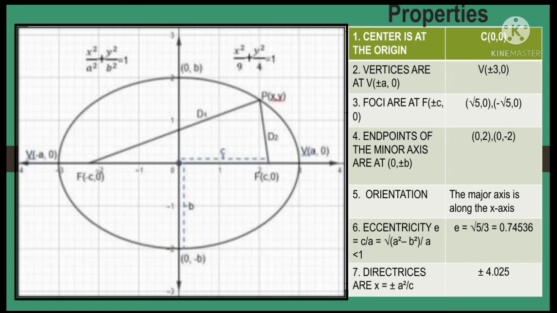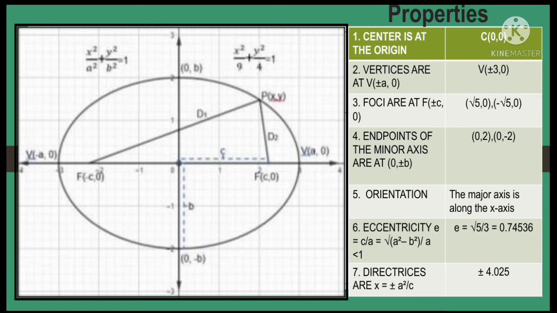So the value of our b is 2, and the endpoints of the minor axis are (0, 2) and (0, -2). The orientation is that the major axis is along the x-axis. As you observe in our graph, the values of a and c are on the x side, while the y side is equal to 0.